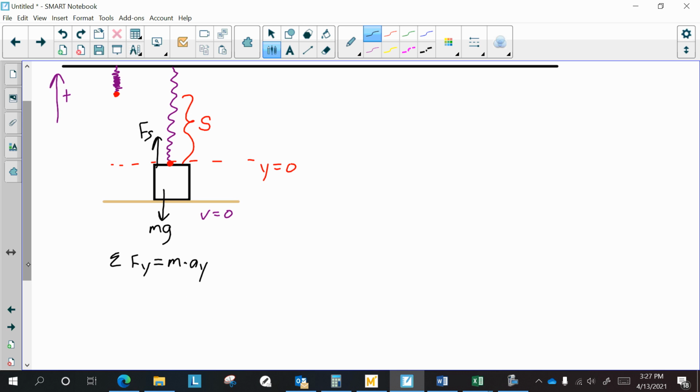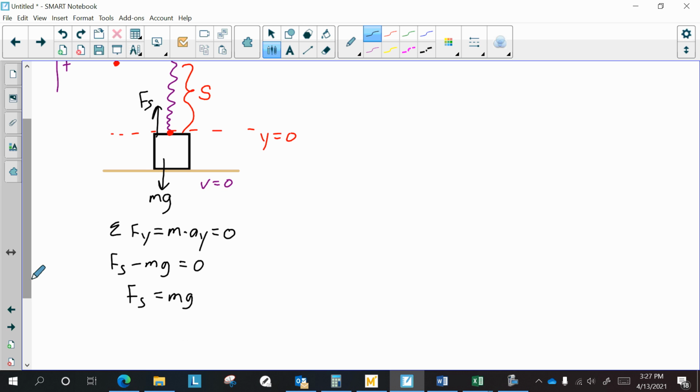And if it's at equilibrium, if it's sitting still, then our acceleration is 0. So mass times 0 would be 0. Our force from our spring is up. Down, we have the weight, and those should add to 0. So if we move mg over, then the force of the spring is equivalent to the weight of our system.